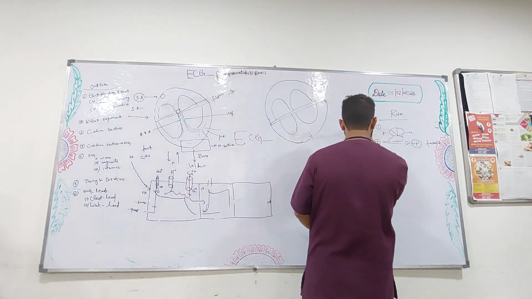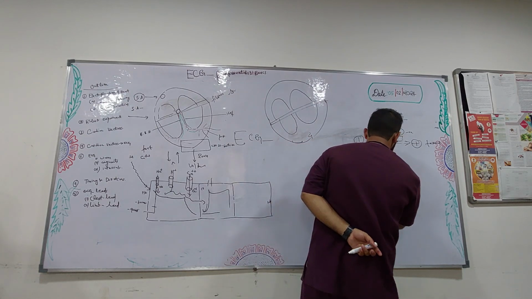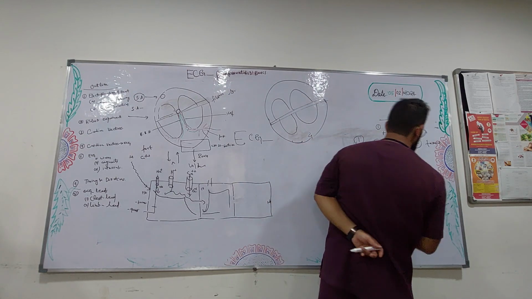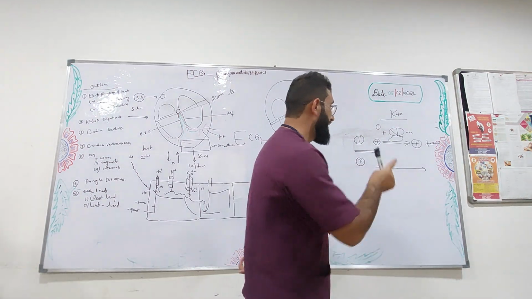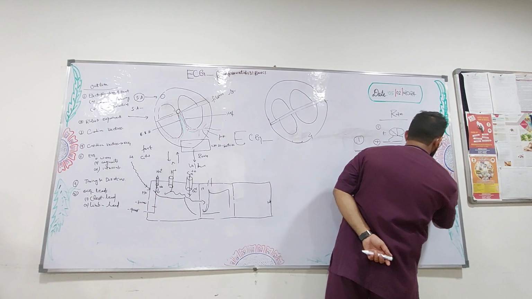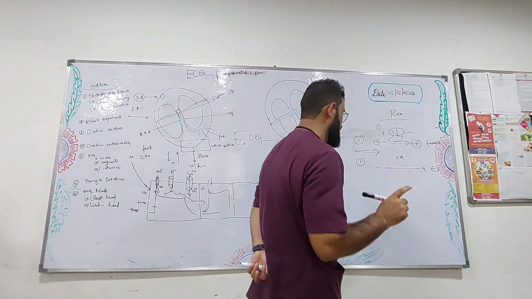Then the second rule. If a negative charge moves towards the negative electrode, again the deflection is positive.